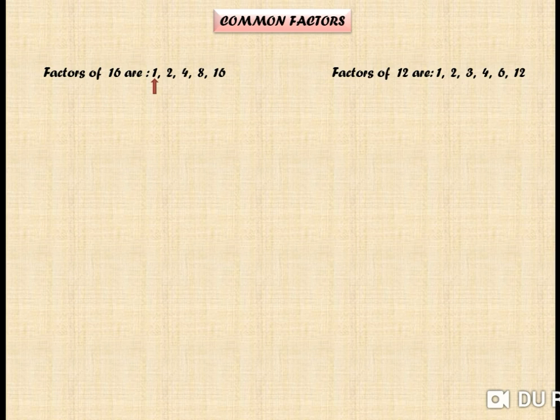Here 1 is common for both. 2 is common for both. 4 is common for both. Now he found his common factors, that is 1, 2 and 4.